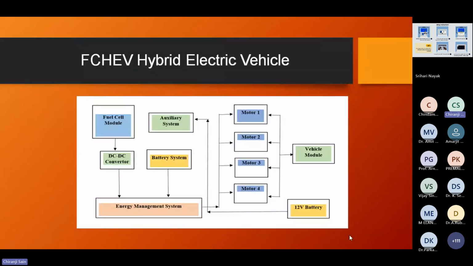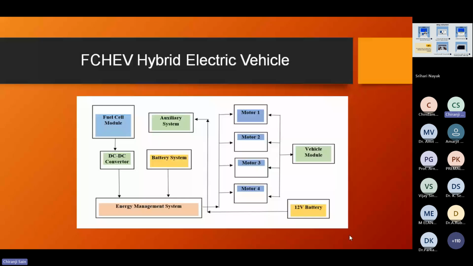So here, the mathematical modeling of a fuel cell hybrid electric vehicle may be taken into consideration. Like we all know, while we are going to develop any mathematical modeling, the subsystem configuration as well as the determination of the mathematical representation in terms of the system parameters is an important consideration for the researchers.